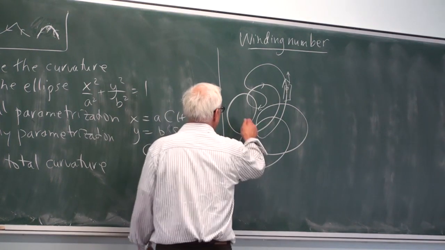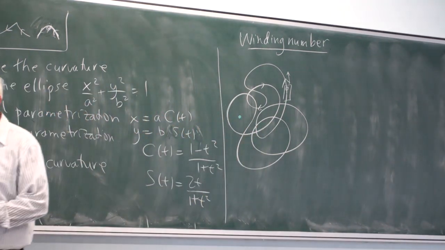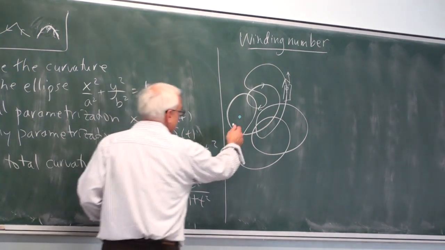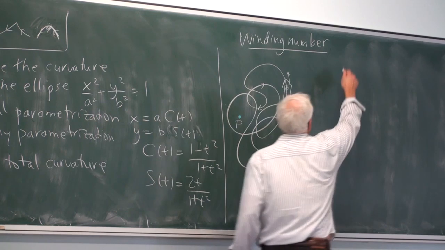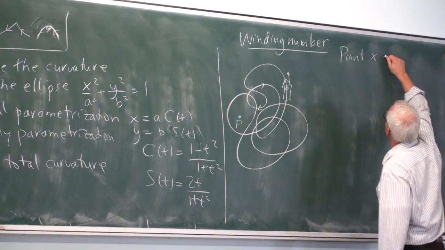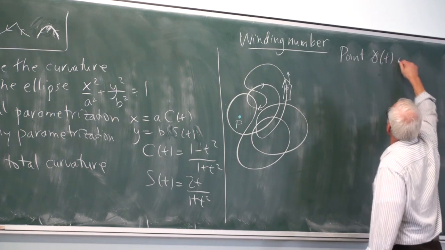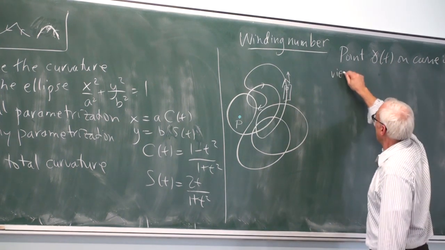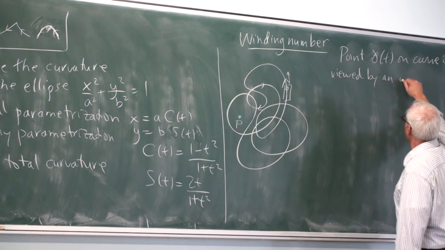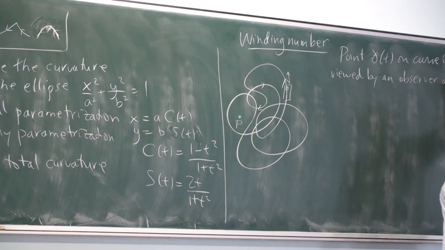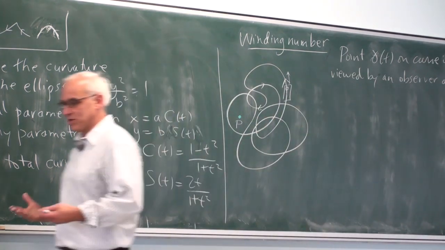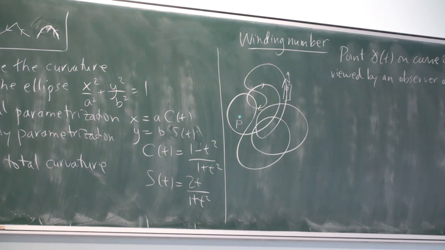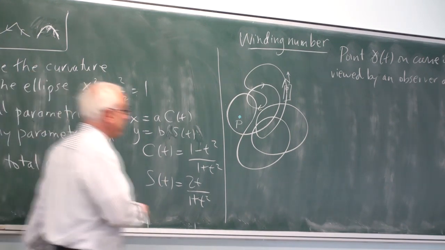So what we're doing there is we're imagining an observer who's at some position, say P, and the point, say X, or let's call it gamma of T, on the curve is being viewed by an observer at a point P. And what we're interested in is how many times does that observer have to turn around to watch you on the roller coaster.